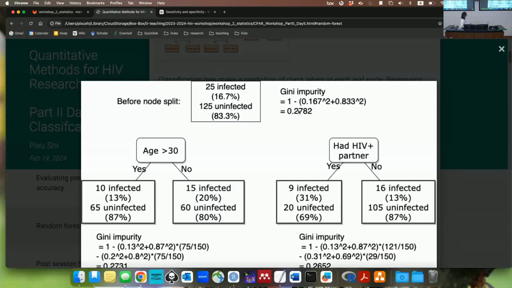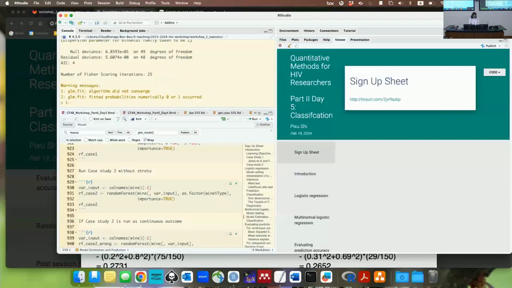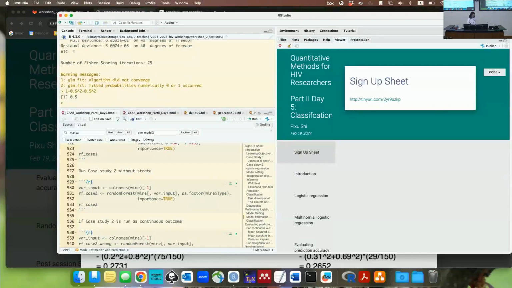Suppose we have 0.5 and 0.5, then it's going to be 1 minus 0.5 squared minus 0.5 squared again. And let's see how large that is. That's going to be the most impure you can get. That's the 0.5. And if you have all of them in one label and none of them in the other label, it's going to be the most pure.